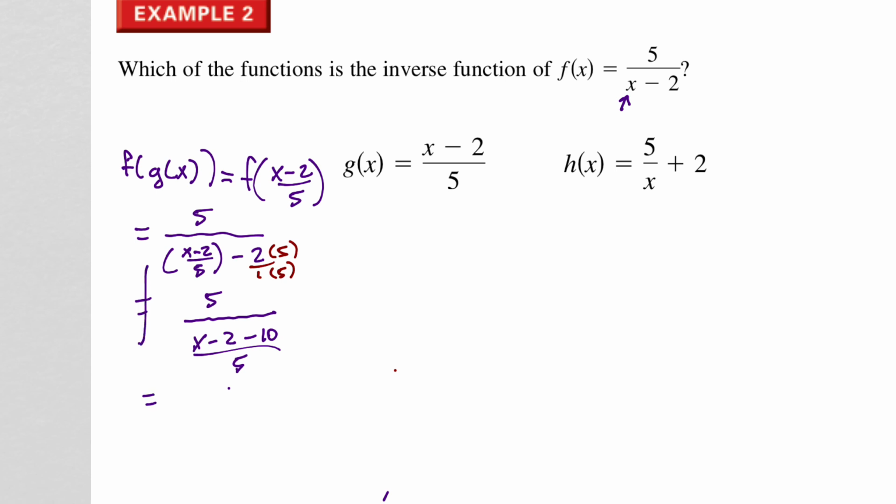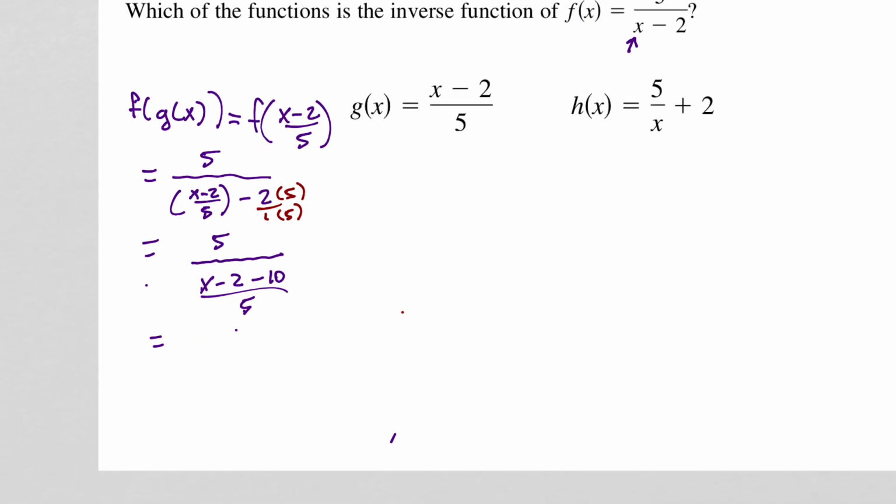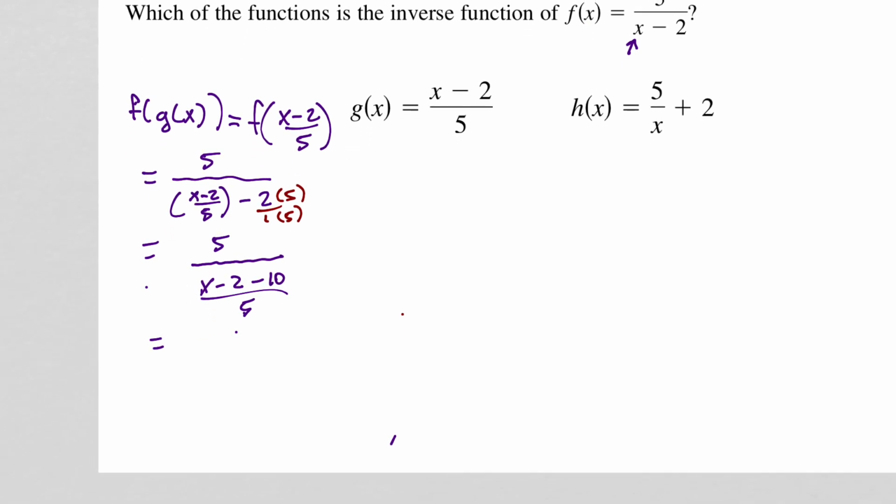Let's see, what's that? Whoops. 5 over (x minus 12) over 5.